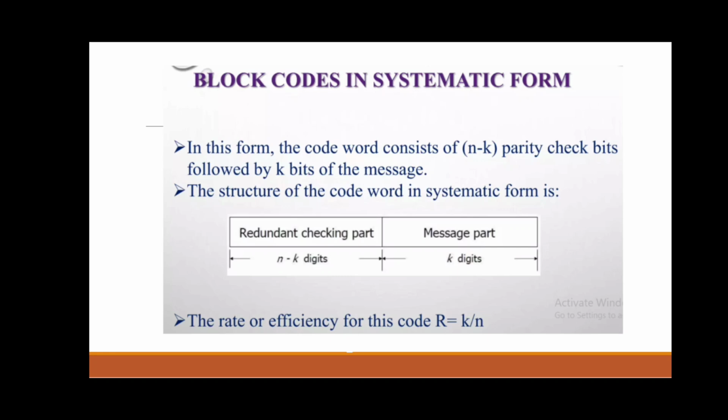So we have to add n minus k extra bits, which can be called parity bits or redundant bits, for checking whether the message received at the receiver end is in error or not. The rate or code efficiency of the code is given by R equal to k by n, where k is the number of message bits and n is the total number of bits after encoding.